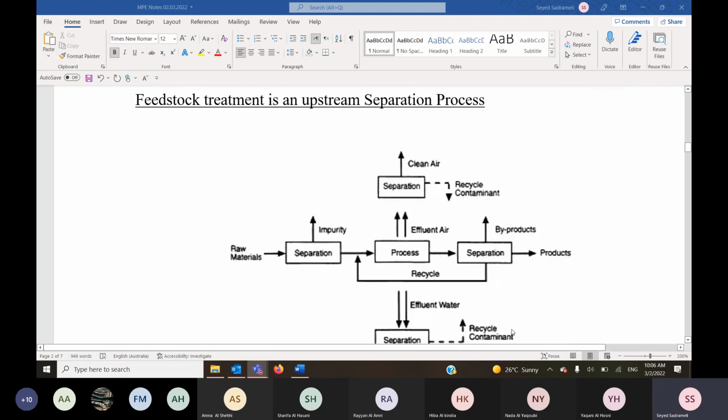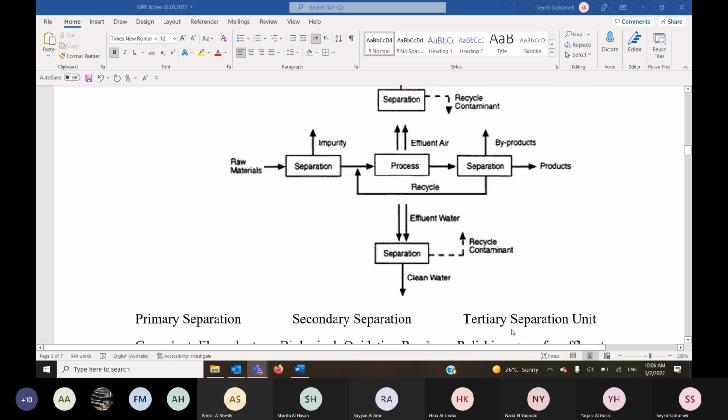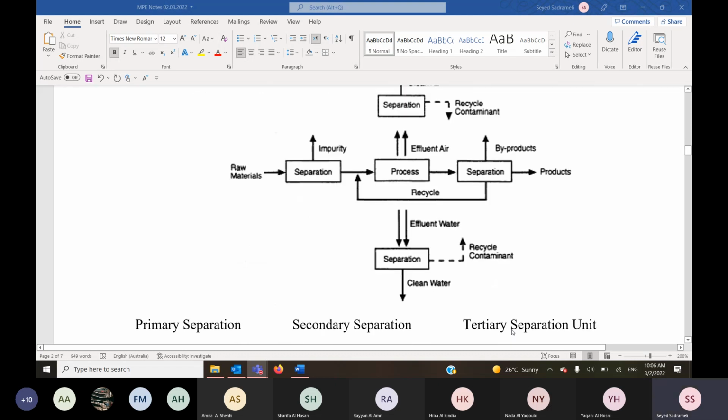As you see in the figure, you have materials. They go to the separation part first. All the impurities will be separated from the raw materials, and then it goes to the process. That may be a reactor or distillation column or any type of process.